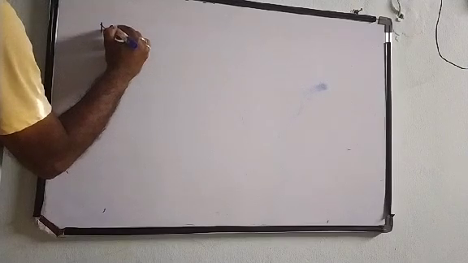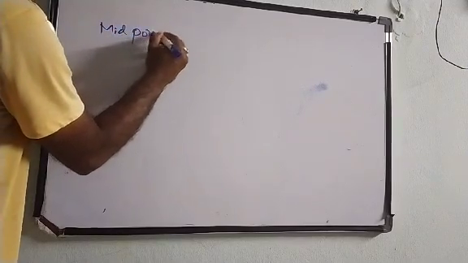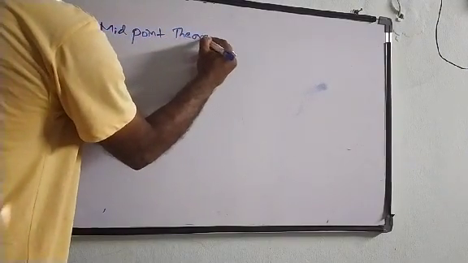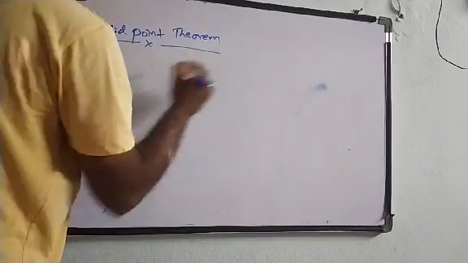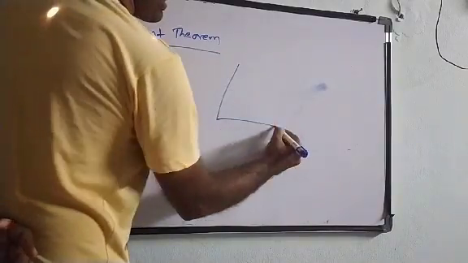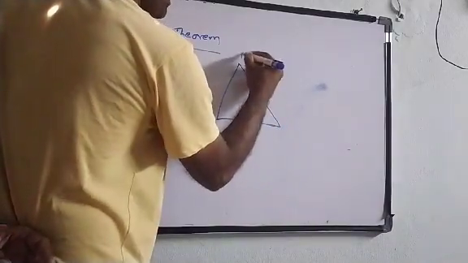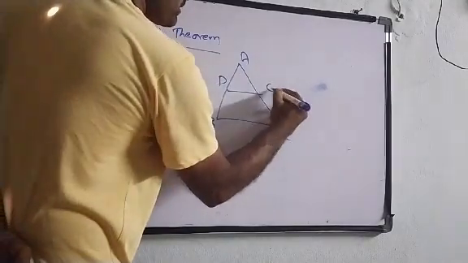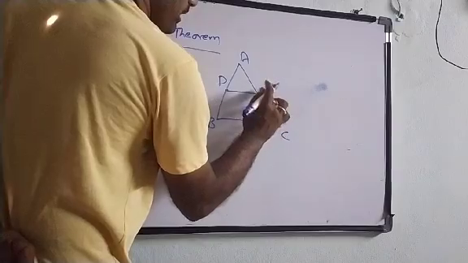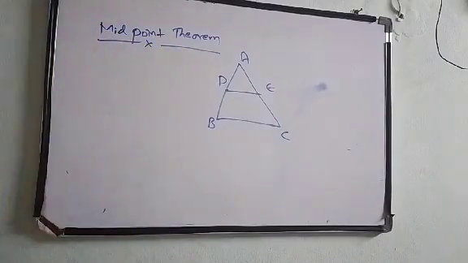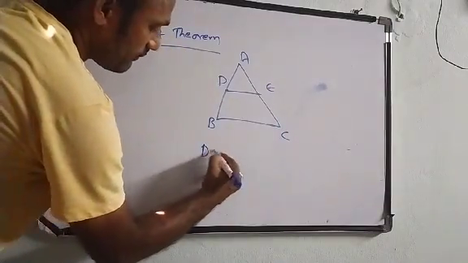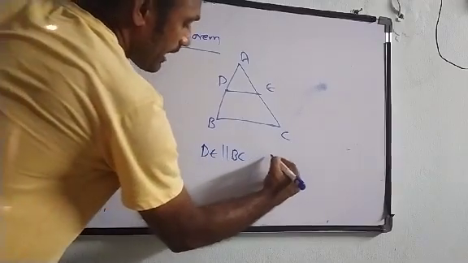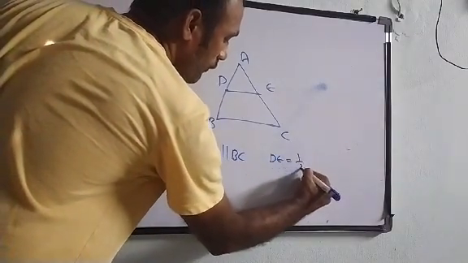Next we have the midpoint theorem. One important note about the midpoint theorem: the theorem states that in a triangle ABC, in which D and E are the midpoints of two sides, DE will be parallel to BC, and DE length will be half of BC.